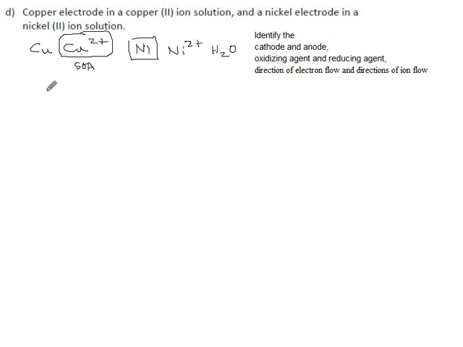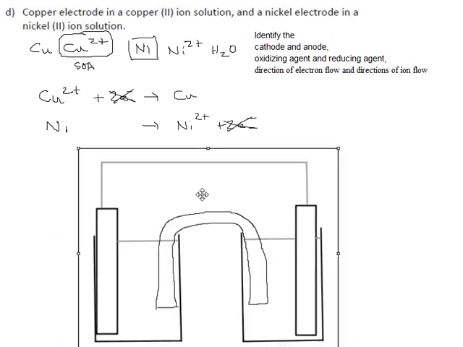So the two reactions we get are copper 2 plus 2 electrons produces copper, and on the other side, nickel turns into nickel 2 and releases 2 electrons. The electrons we can kind of forget about because what we really care about is the chemical reactions here. What does that look like when you hook it up?